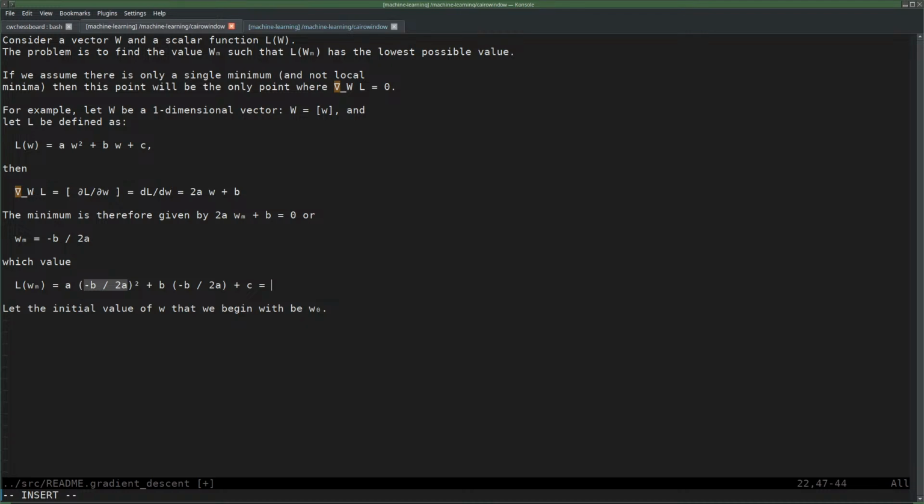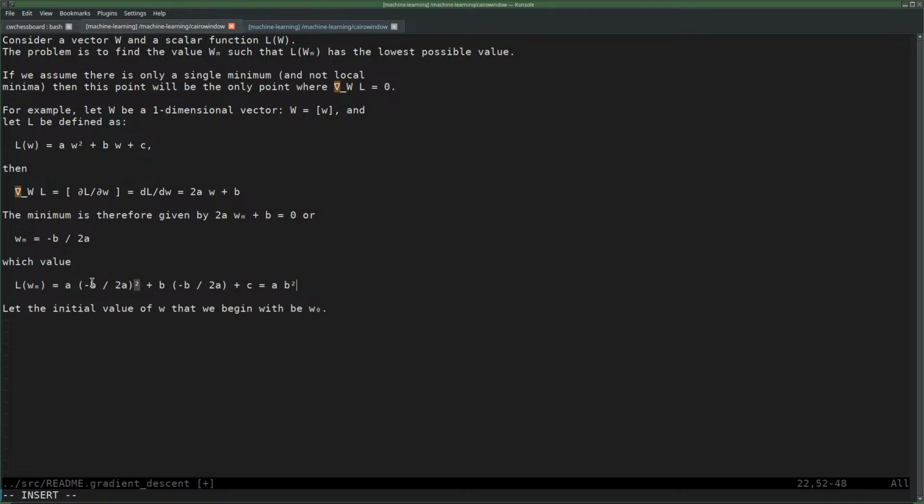What is that? That's b squared. A, that is A, that looked like C, but let's make sure. B squared.